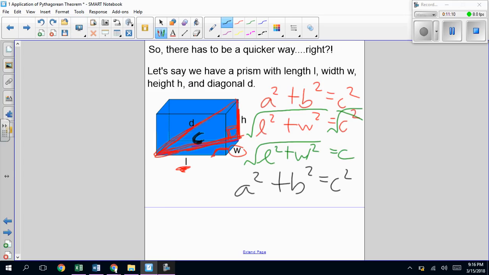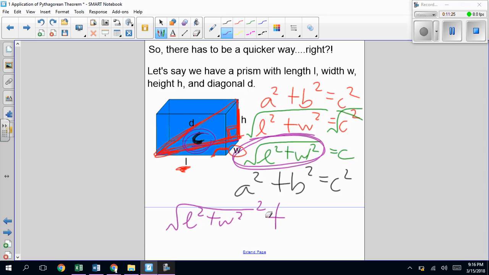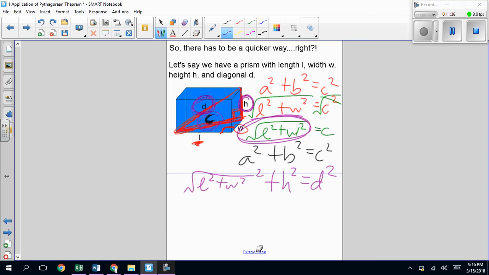So I'm going to let my a be C, but we know C is really big, so I'm going to substitute that in. So we get the square root of L squared plus W squared, all squared, plus this is my height squared, equals my diagonal squared. Well, the square root of this squared, there's that inverse operation again, goes away. So now I have L squared plus W squared plus H squared equals D squared.